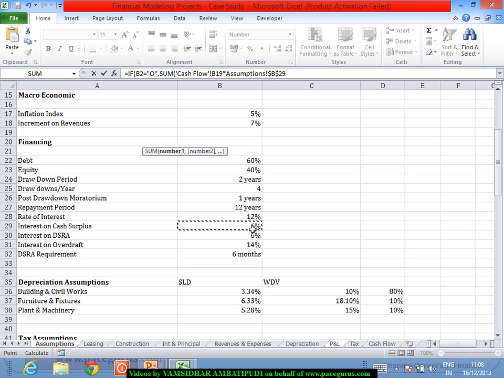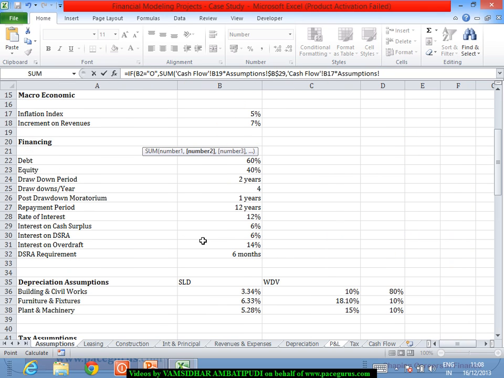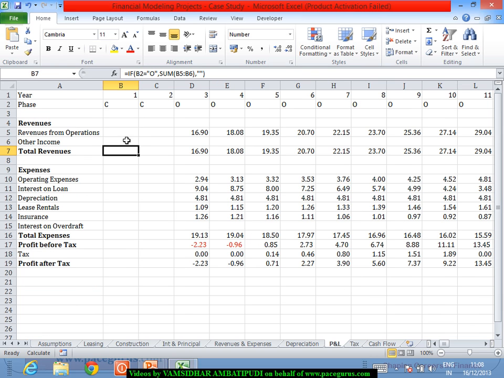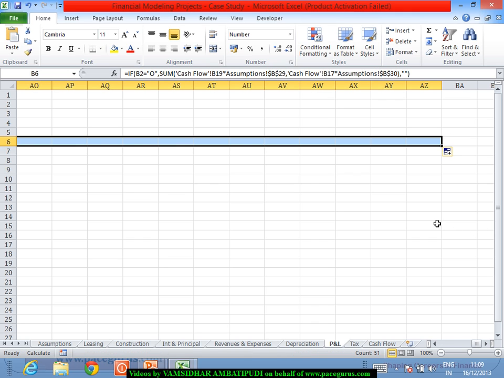This is one element, and the second element I am trying to put in is whatever is the DSRA amount that I have multiplied by the DSRA interest. Right? These two things I am summing, otherwise I will replace it with a blank. So that gives me the interest income, the other income for each of the periods, worked out in that particular manner.